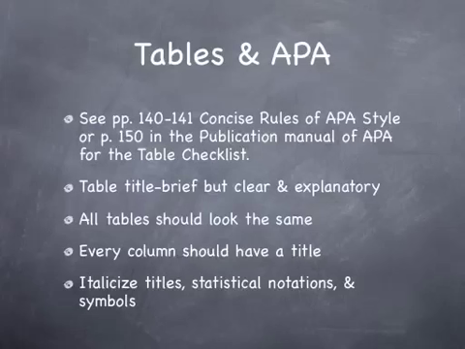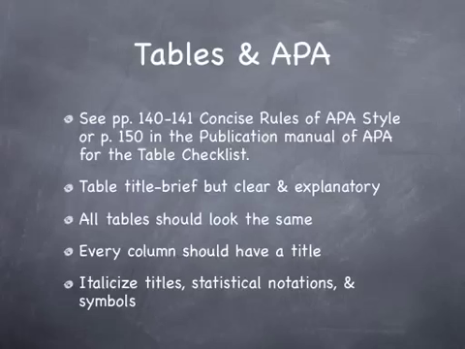I'm going to provide some more examples here in a second. All your tables should pretty much look the same, consistent across the board. If you have a column or a row, they should have titles so the reader understands what those rows or columns are about. You should always italicize the title.